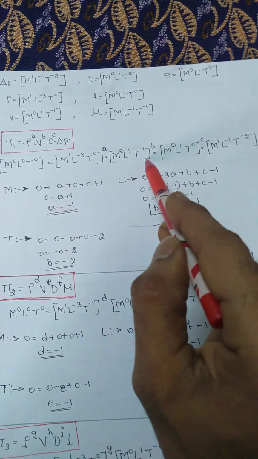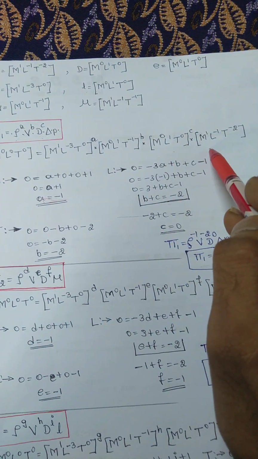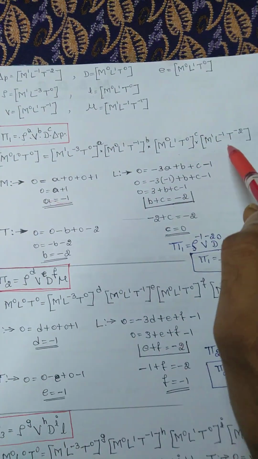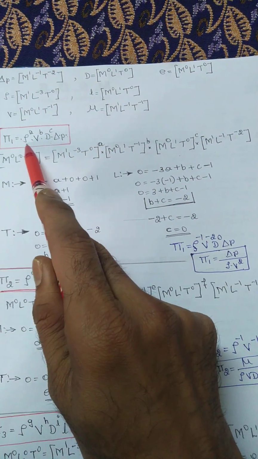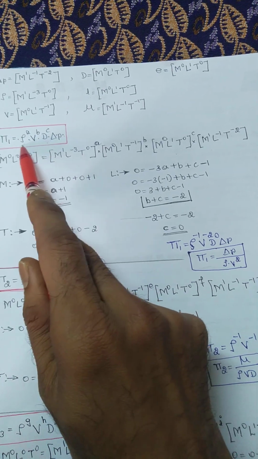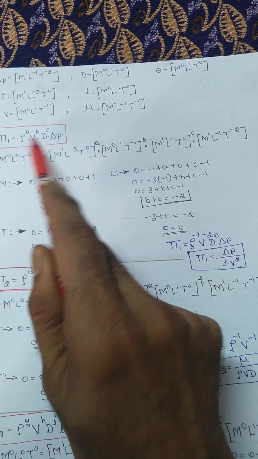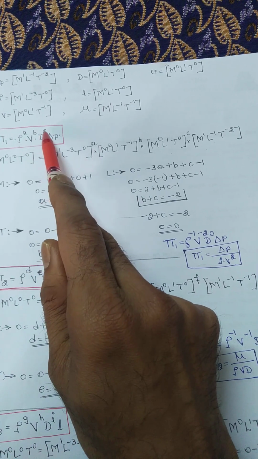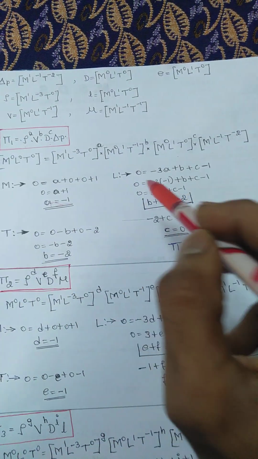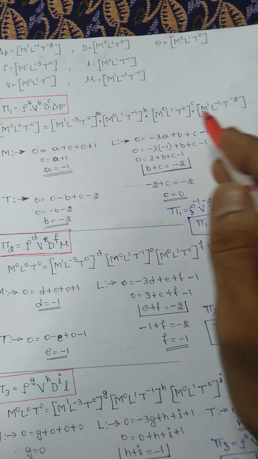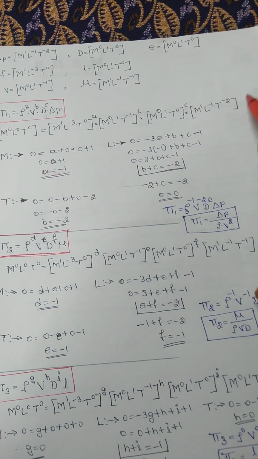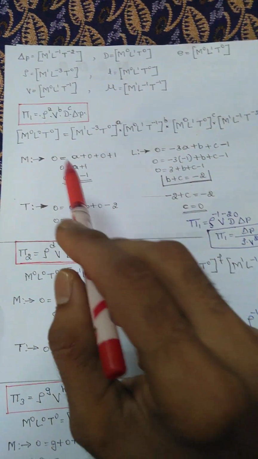Same for velocity, diameter and pressure. The repeated variables have powers a, b, c because we have to make it a dimensionless group. The extra parameter will not have any power.